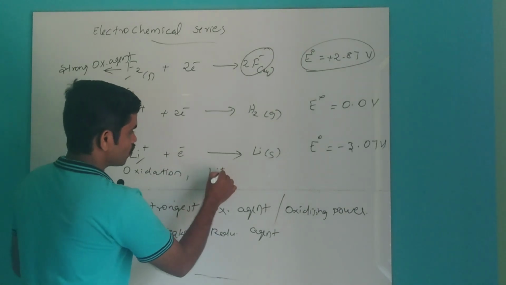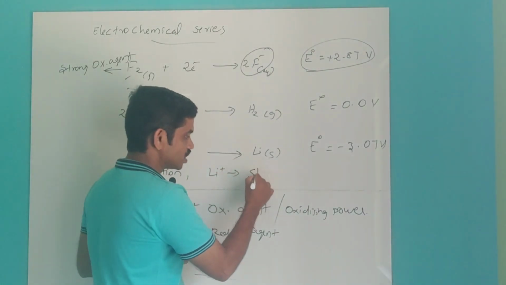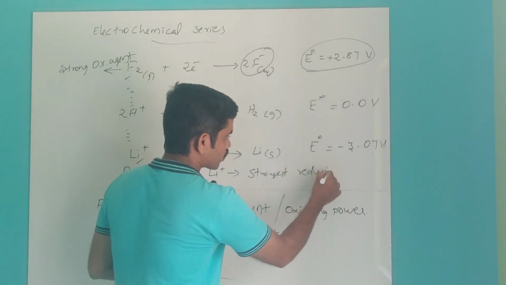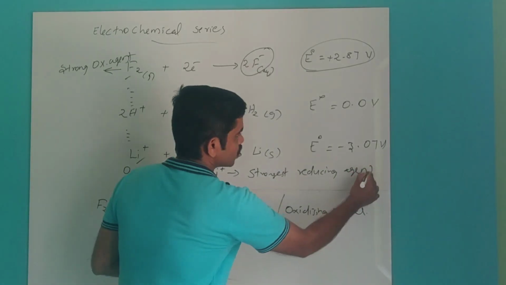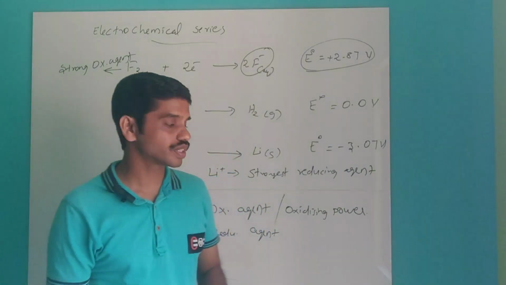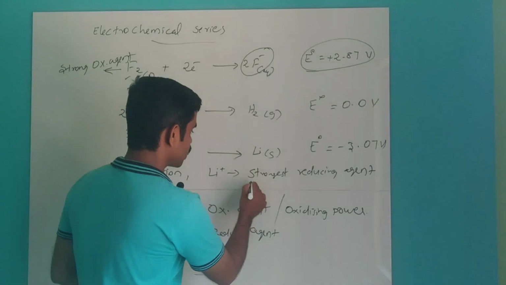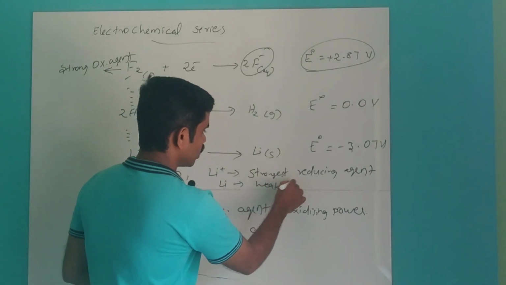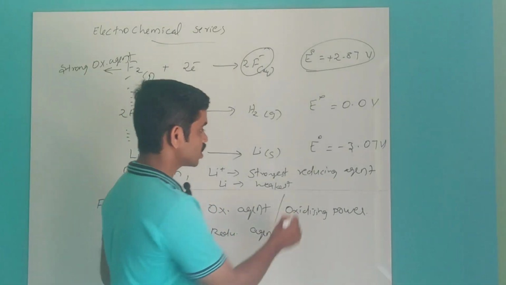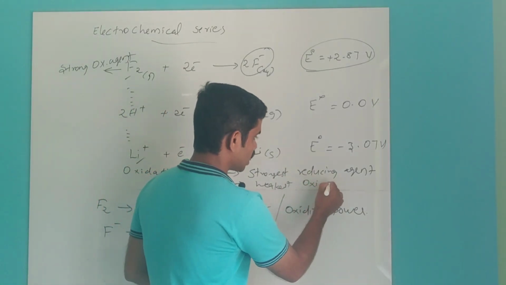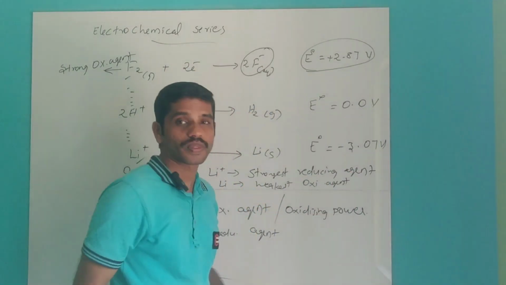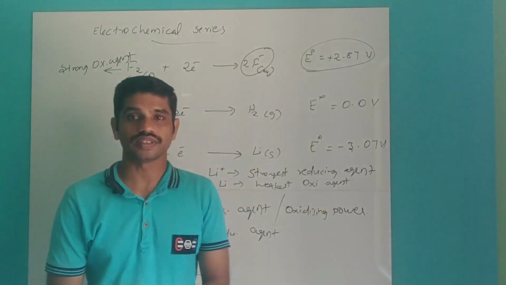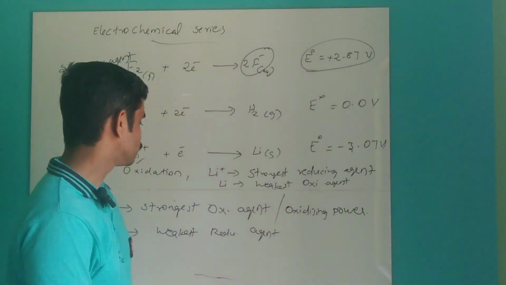That means Li plus is the strongest reducing agent, or rather lithium is the strongest reducing agent, and Li plus is the weakest oxidizing agent, right?